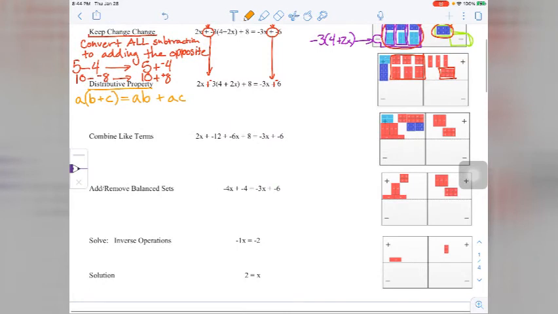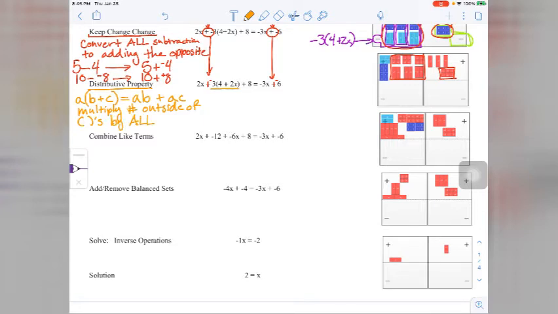So what it means is when you see numbers in parentheses like that, you multiply the number outside of the parentheses by all of the terms inside of the parentheses.